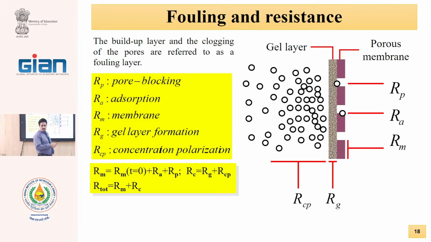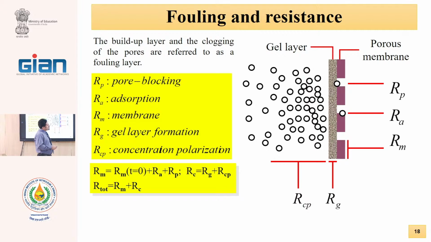When we have a pure water flux, big pores in the membrane mean low resistance. When we reduce the pore size, the flux reduces, which means the resistance increases. Therefore, we have an intrinsic resistance that is related to the membrane chemistry and membrane pore size.